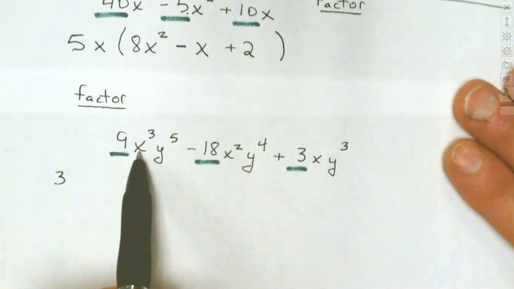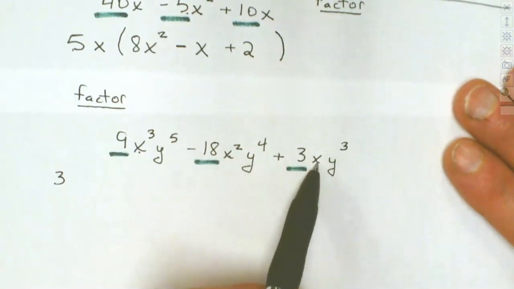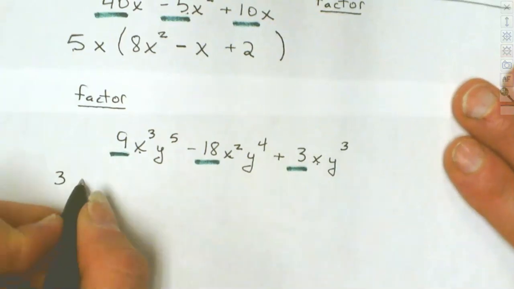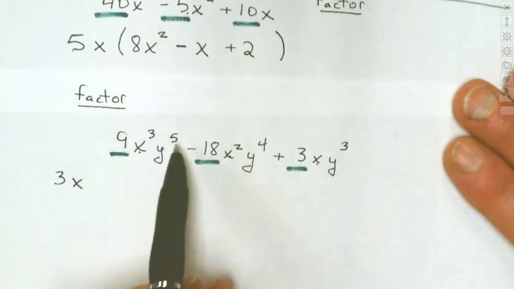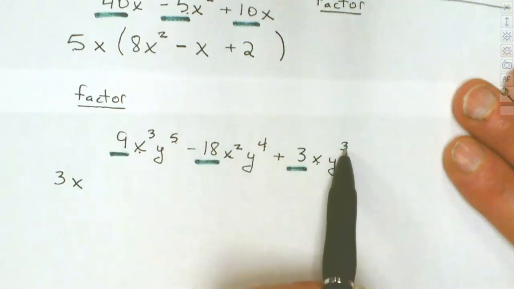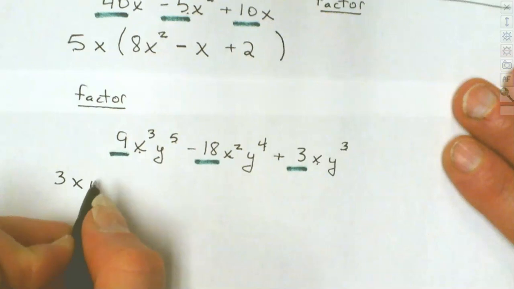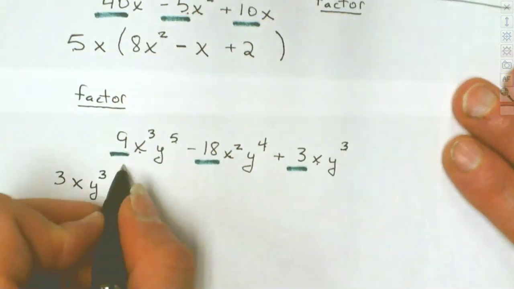X cubed, x squared, x. We always use the smallest one, so we're going to factor out an x. Then we look at the y's. Use the smallest power. We've got a 5, a 4, and a 3. So we would factor out a y cubed. Factor out the lowest number for each variable.